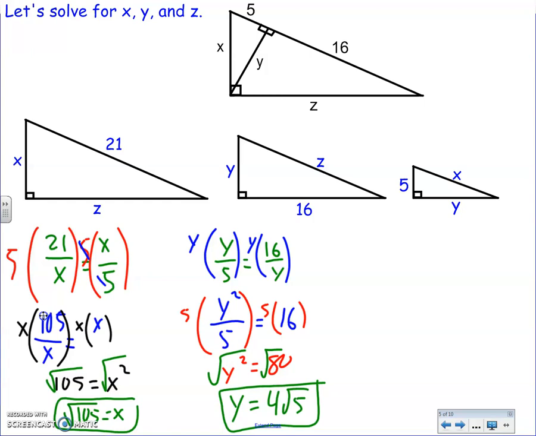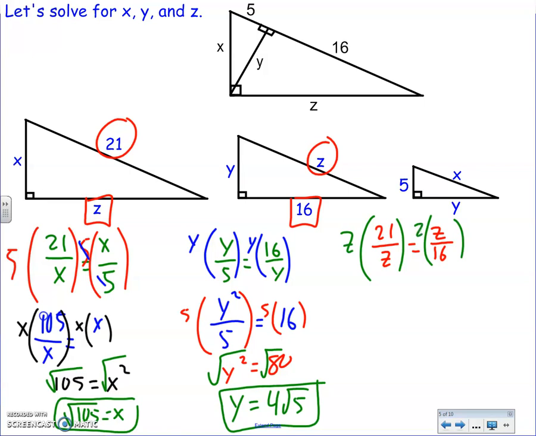Last, I want to find z. So z goes with 21. Oops. So we circle, pair, circle. And the other z goes with 16. All right, so let's do a circle over circle equals square over square. Multiply by a denominator.